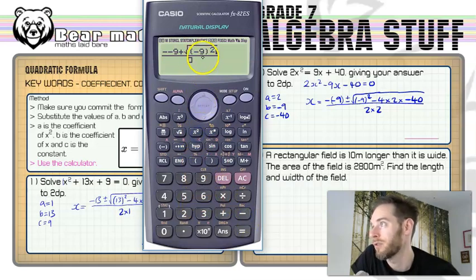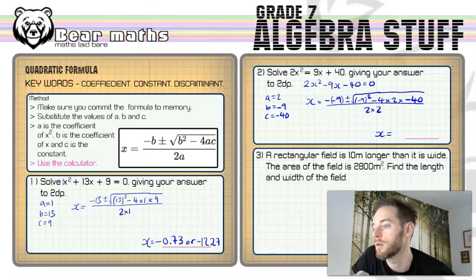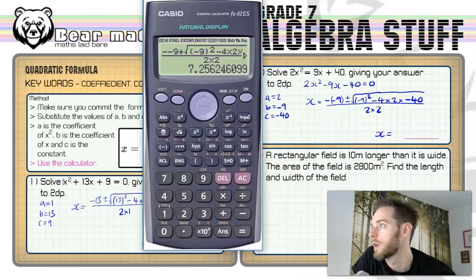I mean, you could make that positive 9 if you wanted to, but I just like to keep it as it is. Substitute those numbers in. Minus 4 multiplied by 2 multiplied by minus 40 all over 2 times 2 equals, there's one solution. So we got x is equal to, 2 decimal places, 7.26.